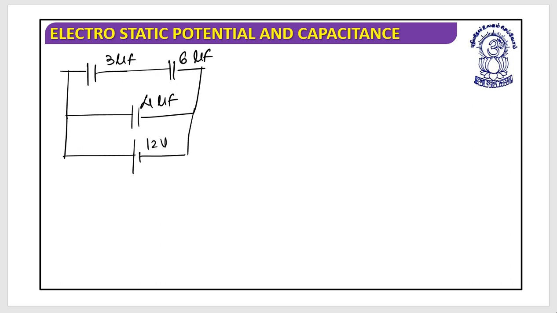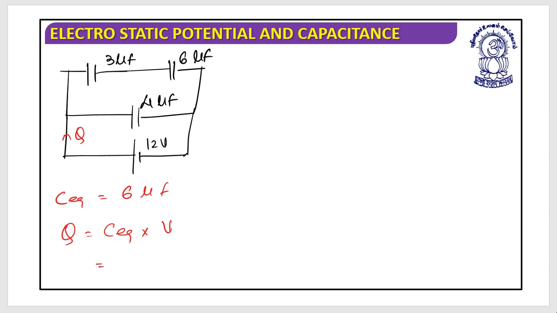I have a C equivalent with me, that my C equivalent would be 6 microfarad. I require this Q. So what I can have is Q is equal to C equivalent multiplied by V.